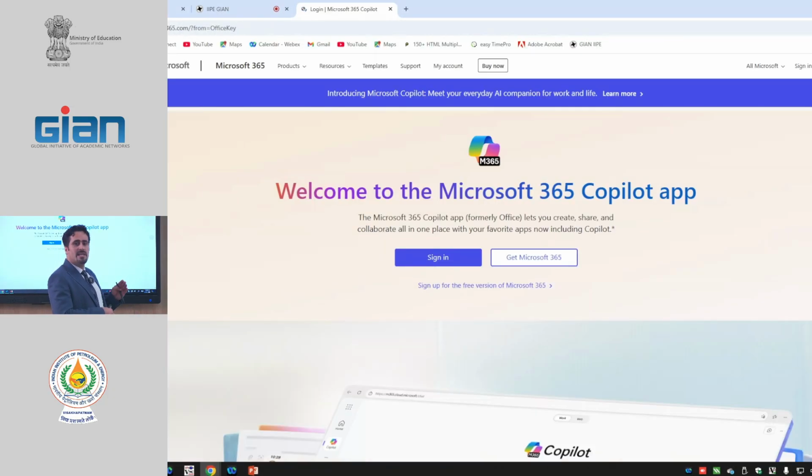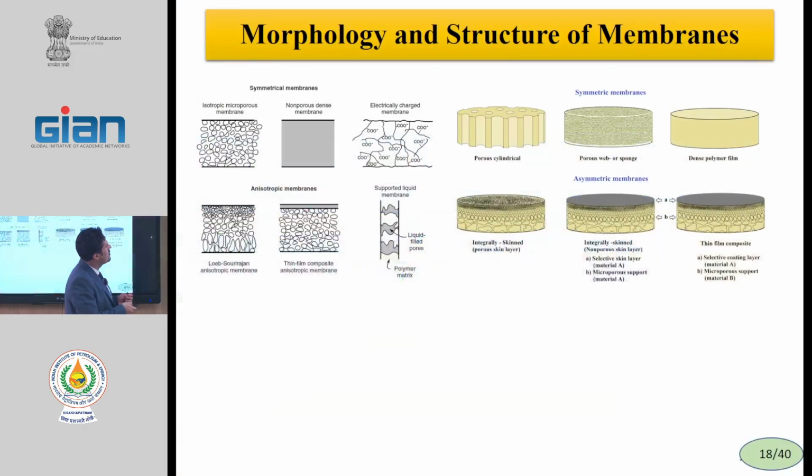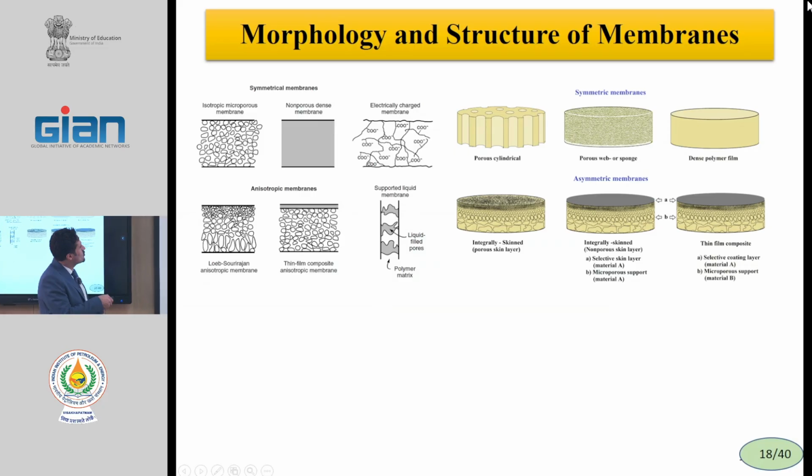Symmetric in the membrane is not right and left, it is top and bottom. You see in this, the right and the left are similar. But when the membrane is anisotropic, the top and the bottom are different.